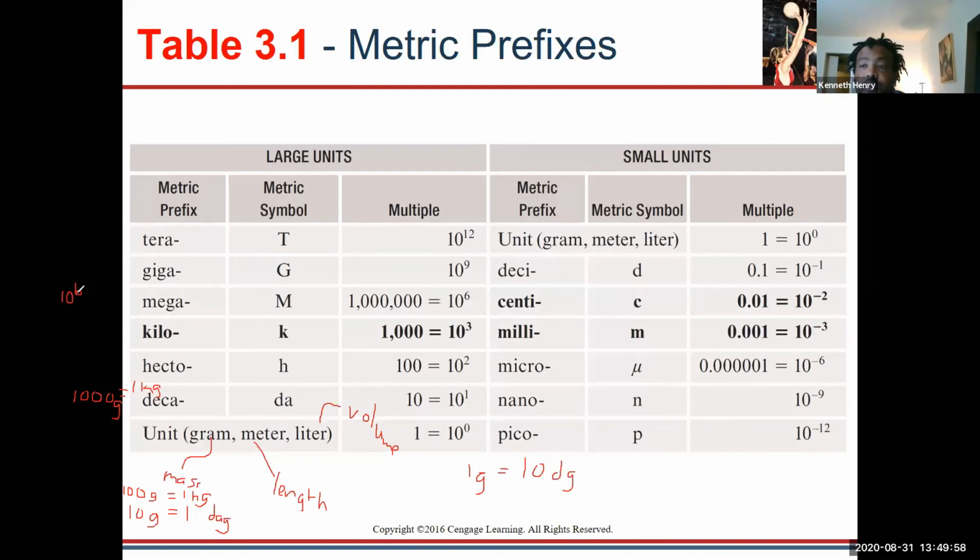A 1,000,000 grams is going to equal a mega, capital M, gram.